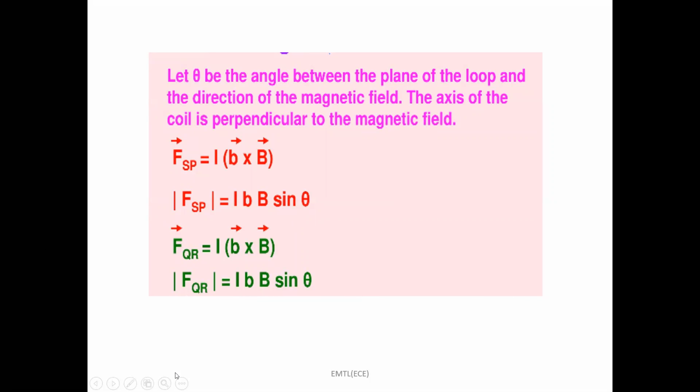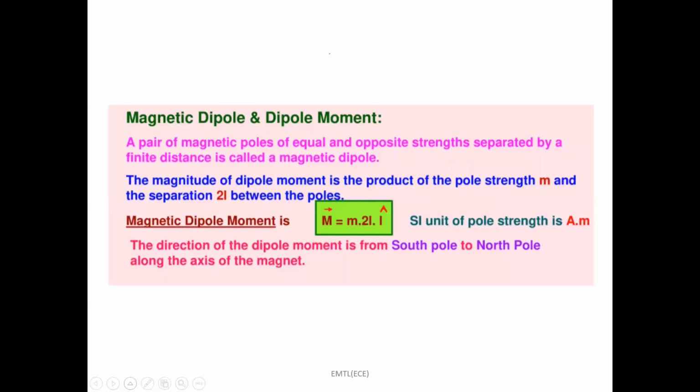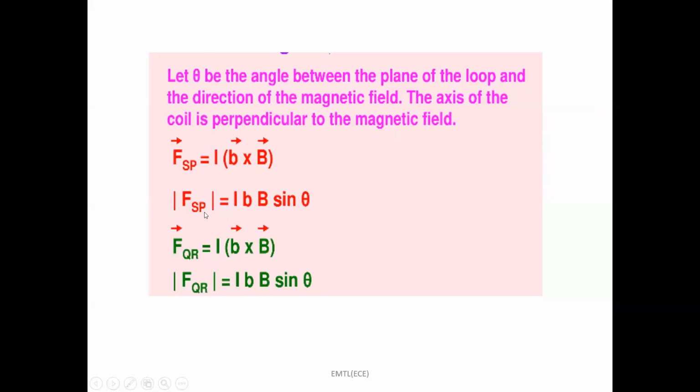Here we have to take the current loop in two parts. One is along the SP direction.